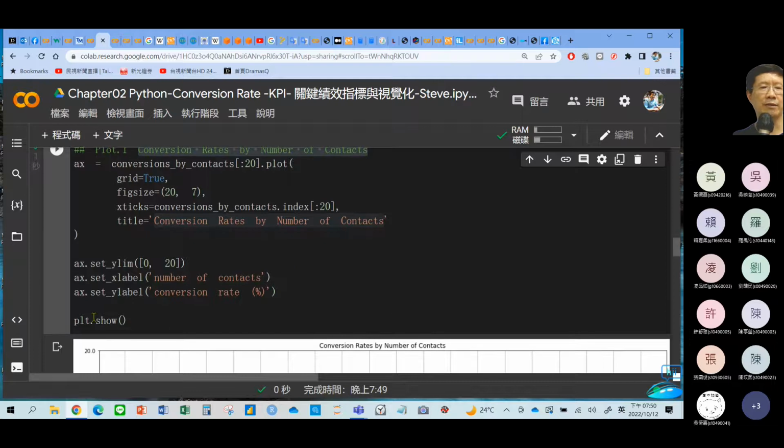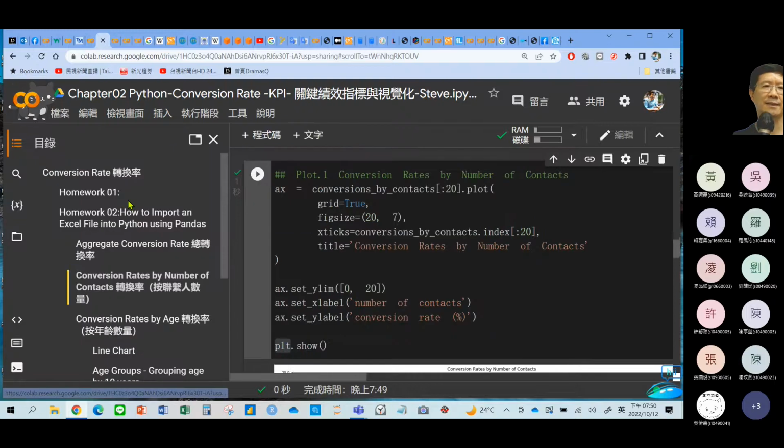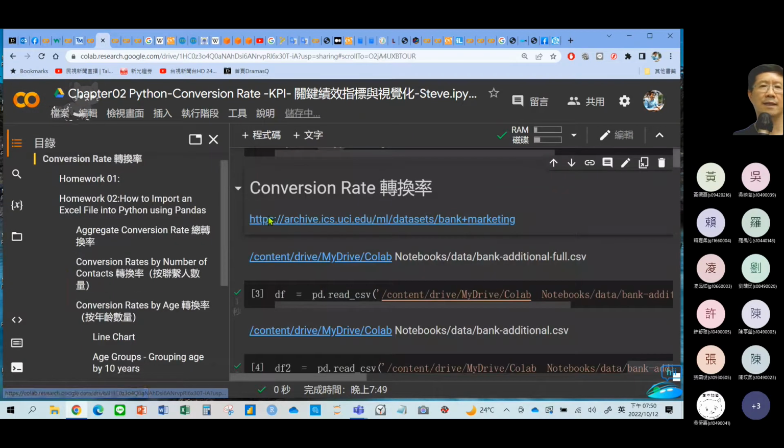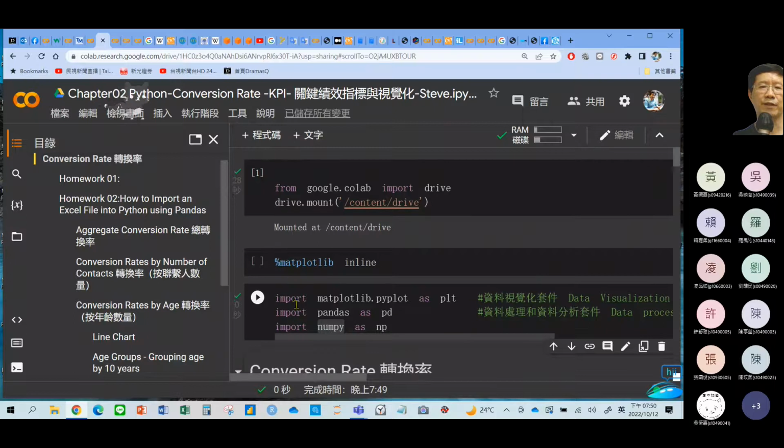Okay, so we use plt. What is plt? Import matplotlib, right? Don't forget this function.